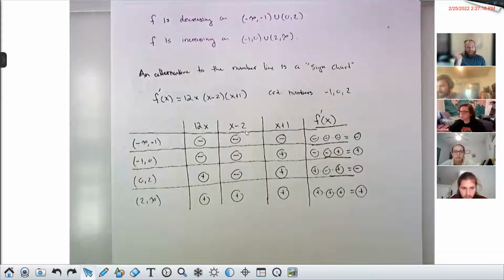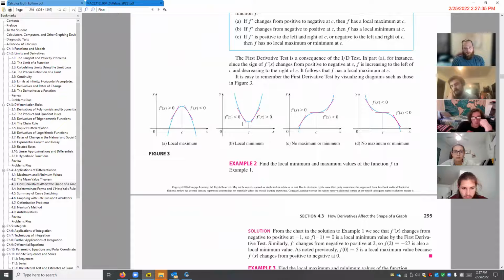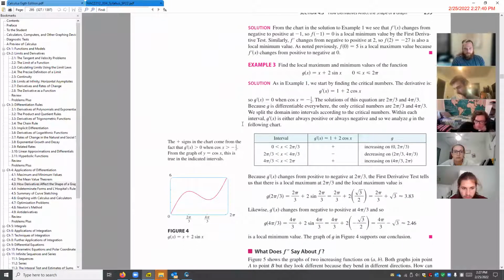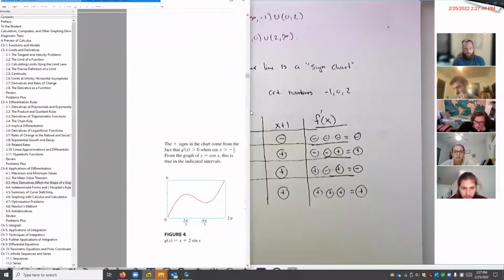So this is sometimes called the ID test, or the increasing decreasing test, where you find the sign of f prime to determine where f is increasing or decreasing. We can do one more example like this, but then we're going to talk about something related to the second derivative. Let's see if we can find something a little more exciting. Well, maybe we should move on.